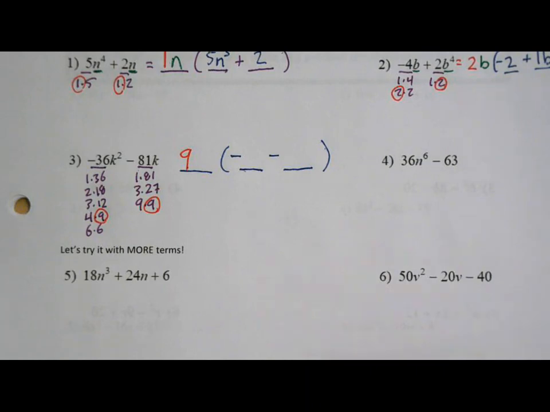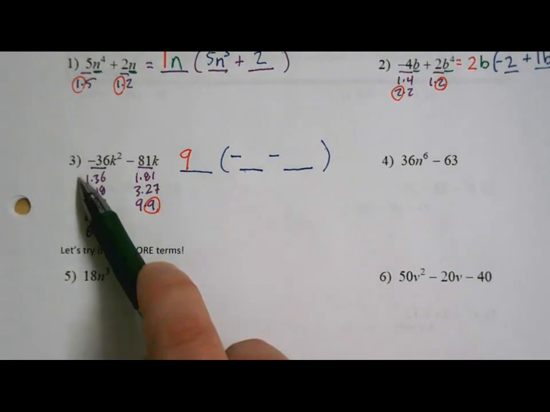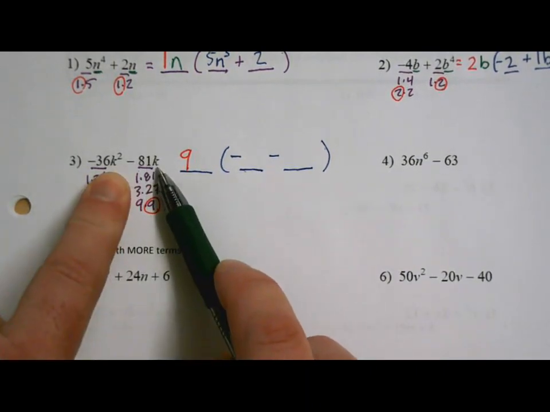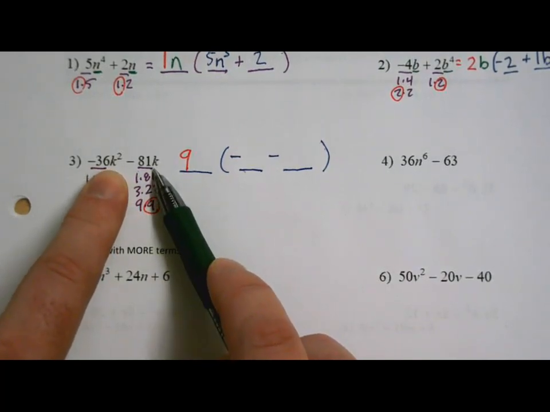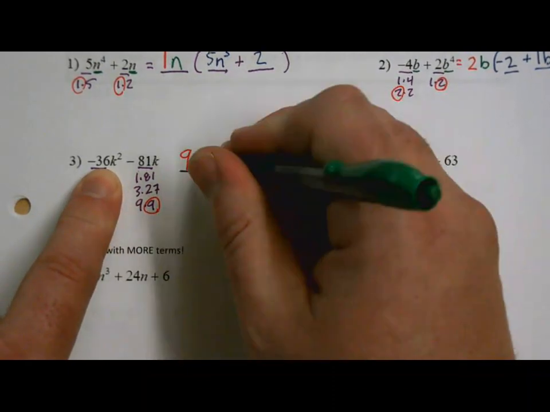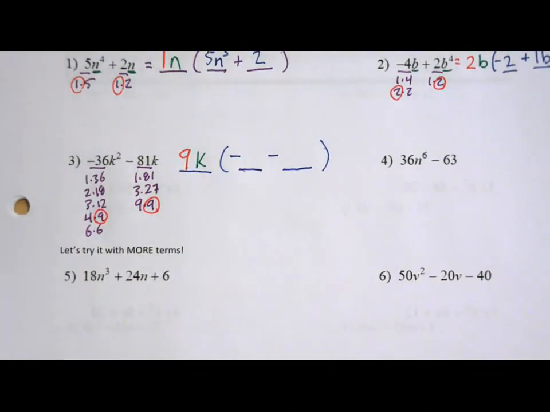So we're basically looking for the smallest number of k's. The reason we go with the smallest is it's got to be the biggest number that appears in both. There is 1 k in both of these things. There are not 2 k's in both terms. The biggest number of k's that's in both is 1. So that's why we basically go for the smallest exponent.